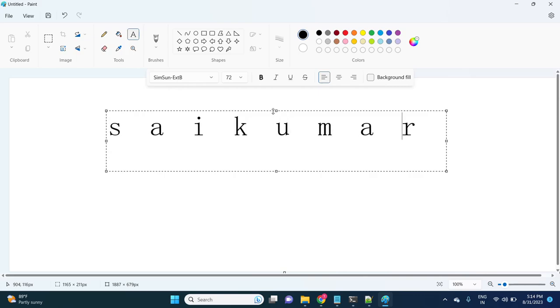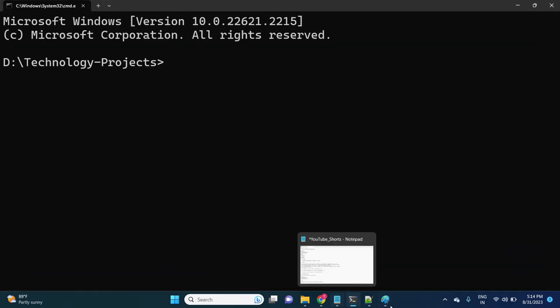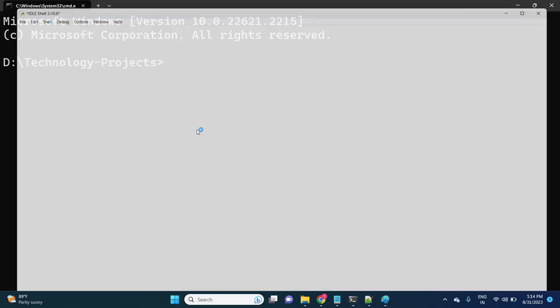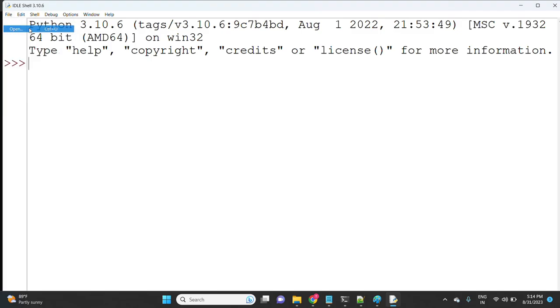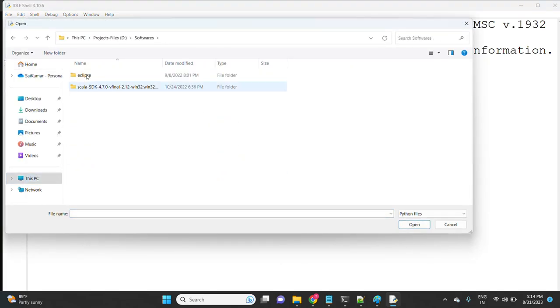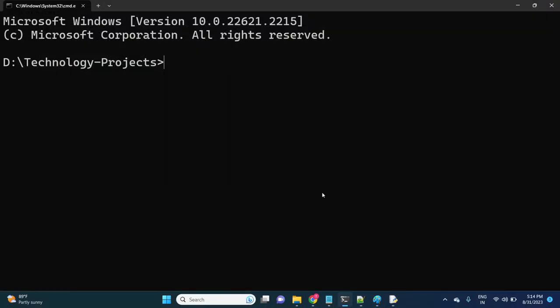Okay, this is our string. So here I'm taking S is equal to Sai Kumar.